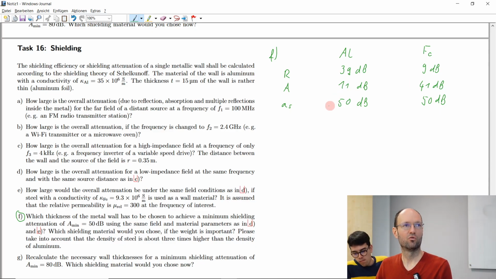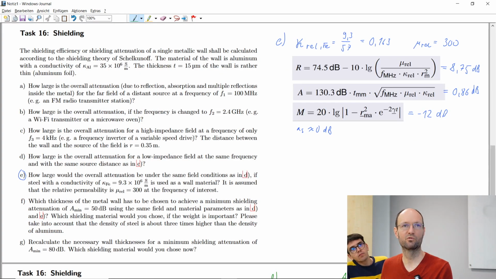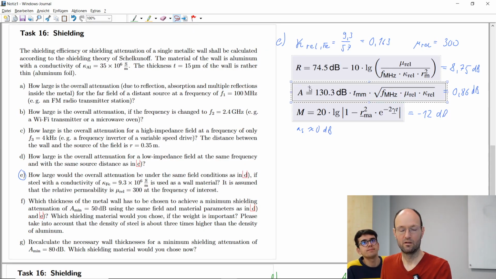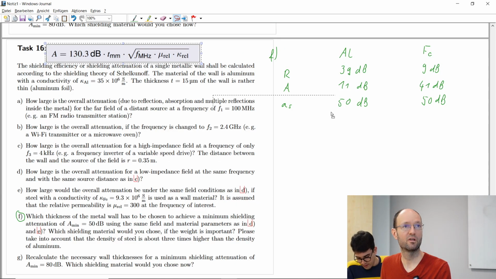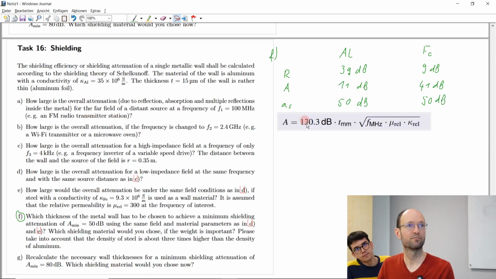Okay, then we can go back to our absorption loss formula, which was this one here. Now we can rearrange this absorption formula to give us the thickness.